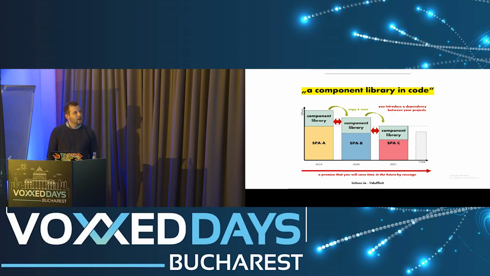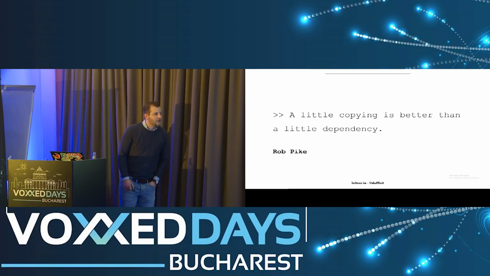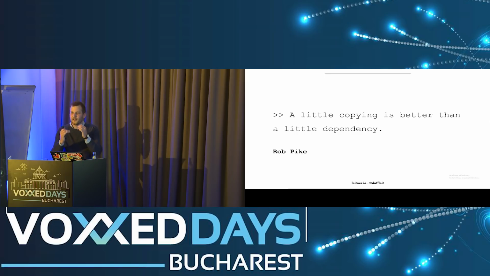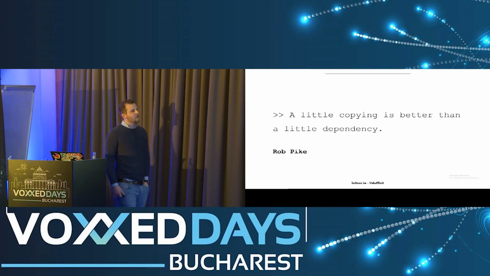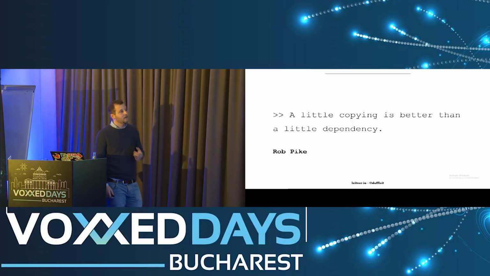But sometimes in the front-end world, I'm here with Rob Pike, the inventor of Go, who says a little copying is better than a little dependency. And I think especially for these reasons, it's true, because it's always a trade-off. Do we want duplication or do we want dependencies? The trade-off is hard to find, but especially in ecosystems where you know that the technology changes a lot, maybe a dependency is even worse than in other ecosystems.